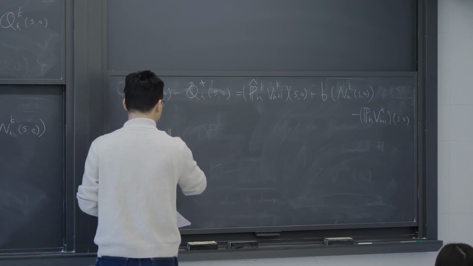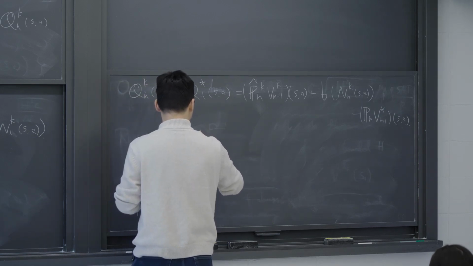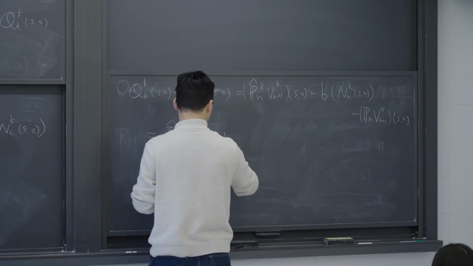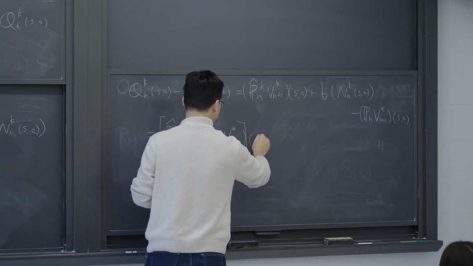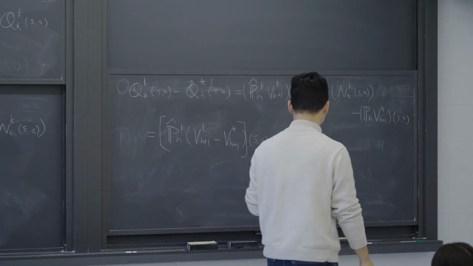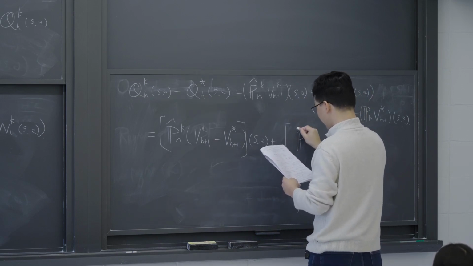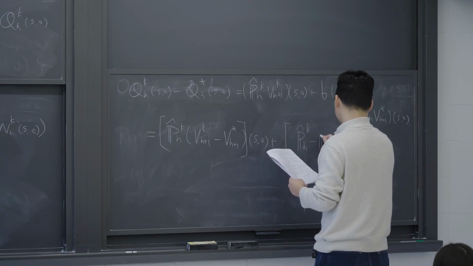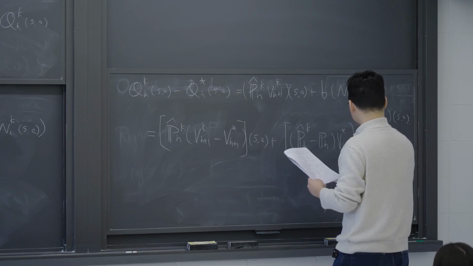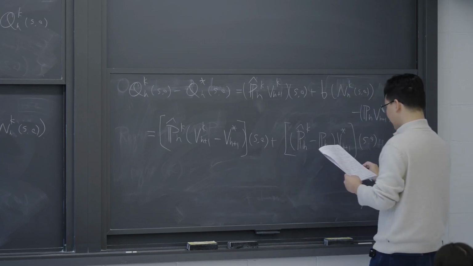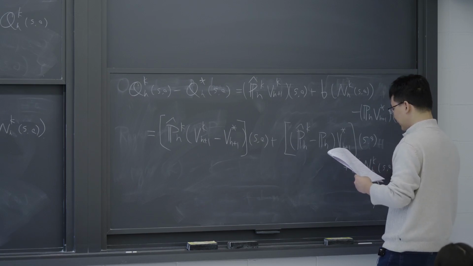We say this is equal to P hat_h^k (V^k_{h+1} minus V*_{h+1})(s,a), plus (P hat^k_h minus P_h) V*_{h+1}(s,a), and finally I'm adding the bonus b(N_h^k(s,a)).